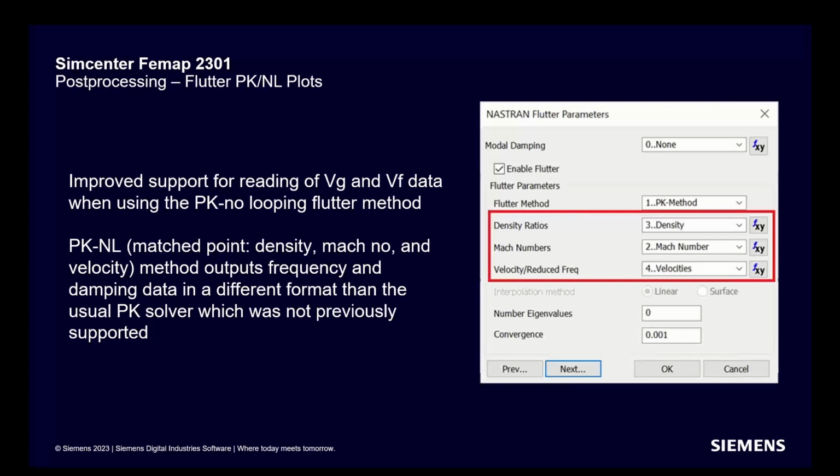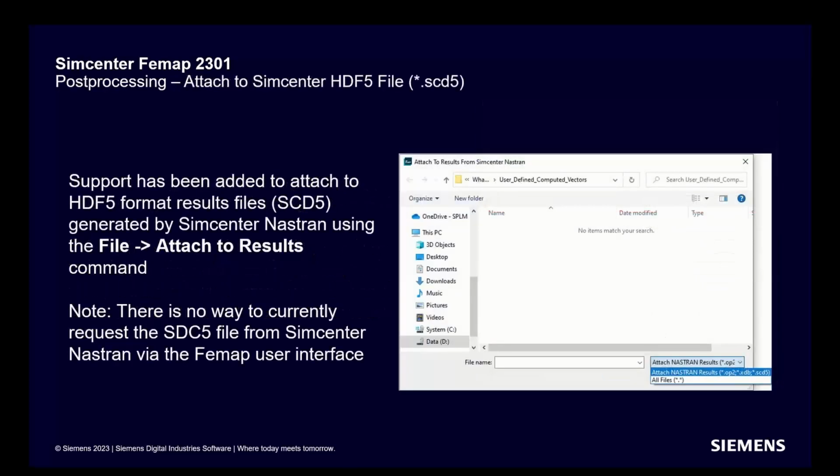And again, a PKNL method is just if you're running sets of density, Mach number and velocities instead of sweeping through all the possible combinations. And the reason for this is that the PK solver outputs the data in a different format than the PKNL, so they had to update the function readers to be able to handle that.